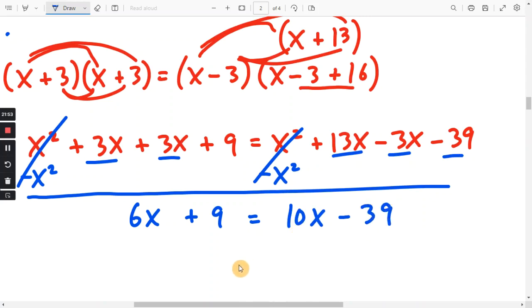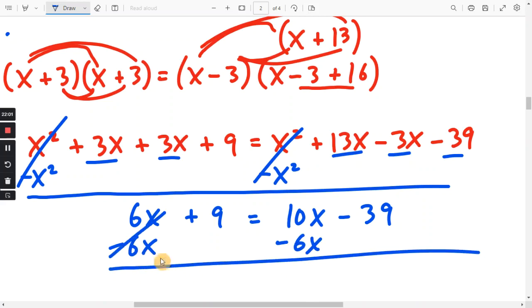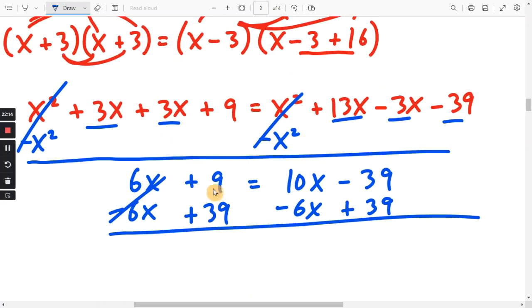Solving for x, I usually subtract the smaller x, so I'll do minus 6x on both sides. Cancels here. The x's are here. I'll do the opposite of negative 39, and that's positive 39 on both sides. 39 plus 9 is 48.